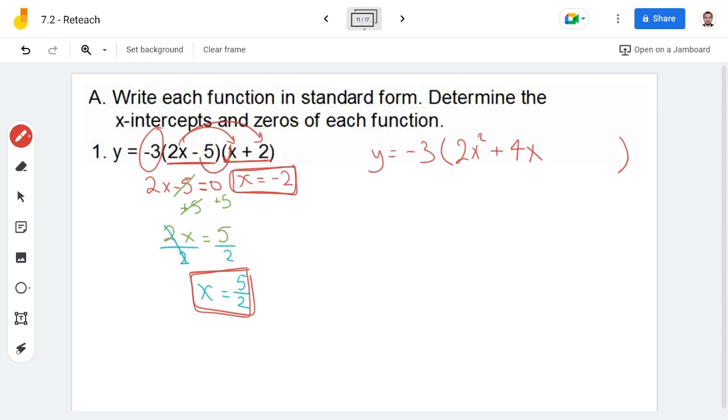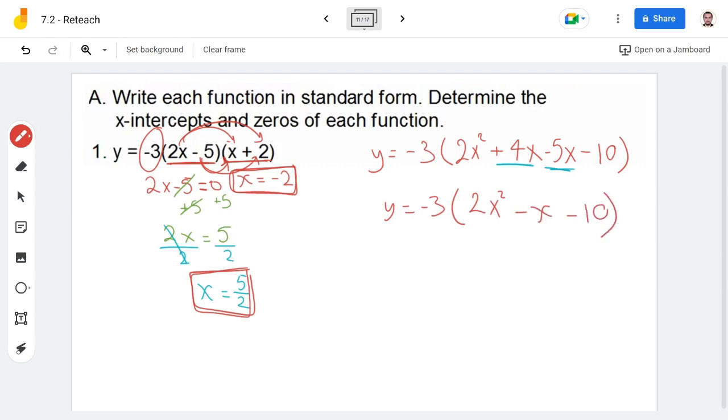Now negative 5 times x is equal to negative 5x. Negative 5 times 2 is equal to negative 10. Now add the like terms. Yes, we have like terms, positive 4x and negative 5x. So now y is equal to negative 3 times 2x squared minus x minus 10.